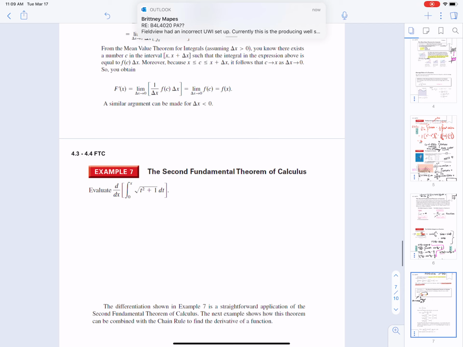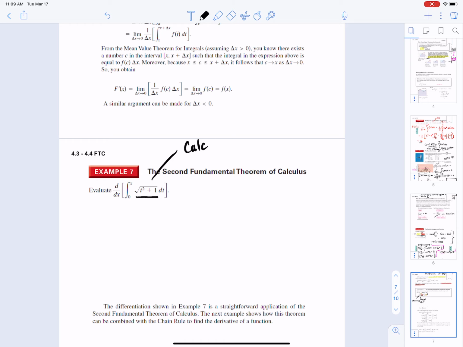Now if I ask you to integrate square root of t squared plus 1, we actually don't know how to integrate this function, nor will we learn this until Calc 2, if you end up taking Calc 2 in university. So this says that I want to find the derivative of the integral.